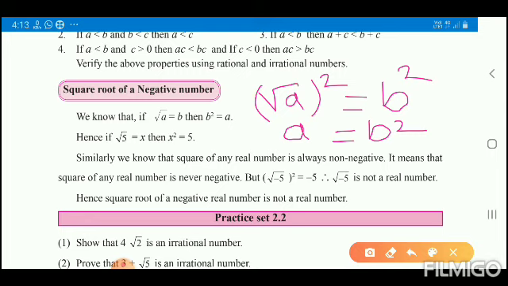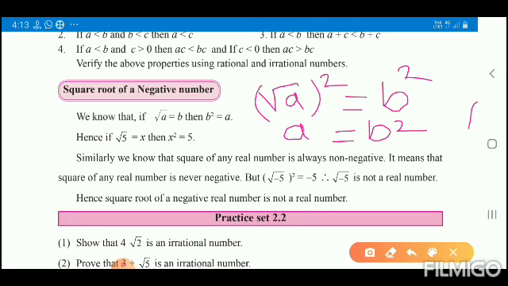Okay. Similarly, we know that the square of any real number is always non-negative, meaning it is always positive. It means that the square of any real number is never negative. But now we will see a negative in the square root sign, square root of negative 5. Bracket square, then here it will come negative 5. Therefore, square root of negative 5 is not a real number.